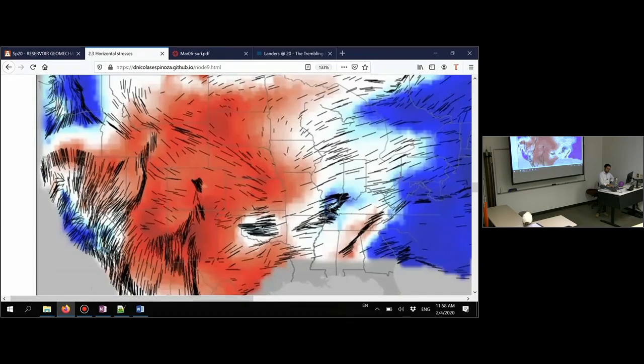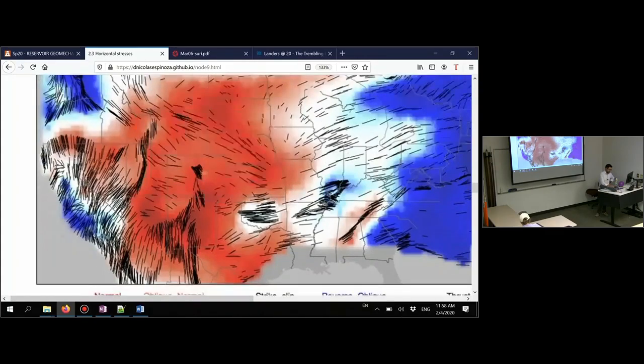It looks pretty straightforward. All the stress is going in east-west direction, the maximum stress, but it's going to change from place to place. And if you go to work somewhere else, I don't know, in Russia, in Argentina, wherever, those conditions are going to be very likely different. Okay.